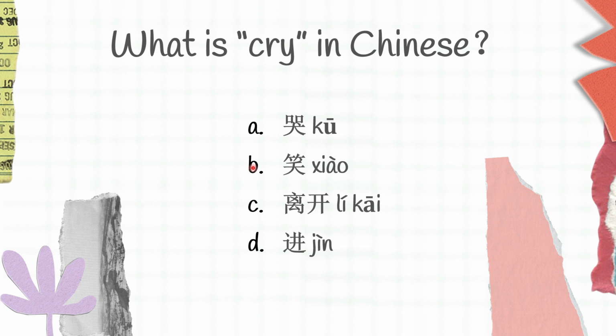Moving on to the next question. What is cry in Chinese? So we have A. 哭 B. 笑 C. 离开 and D. 进.